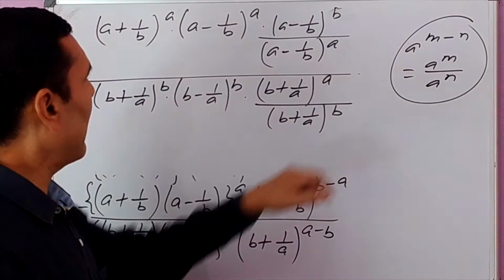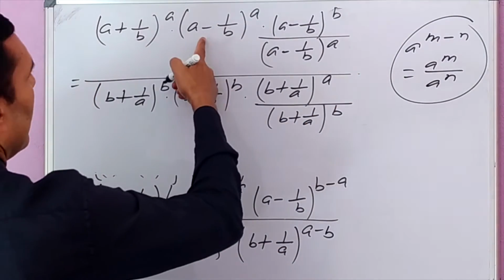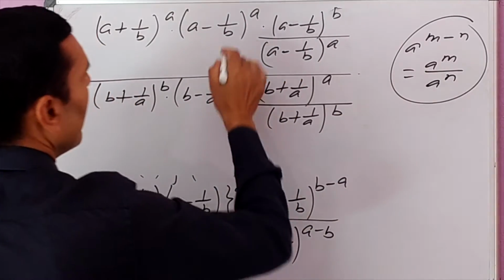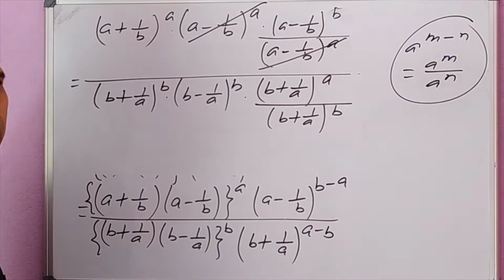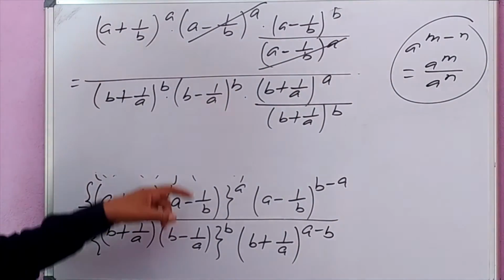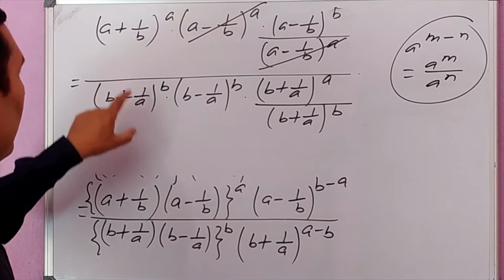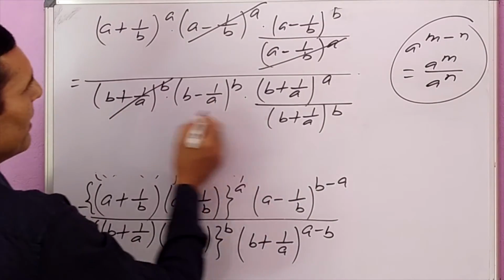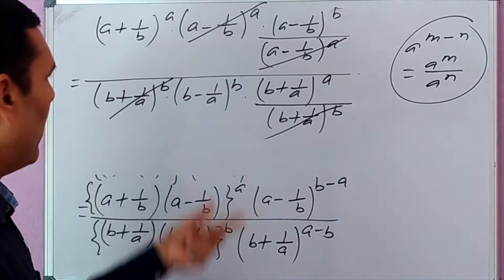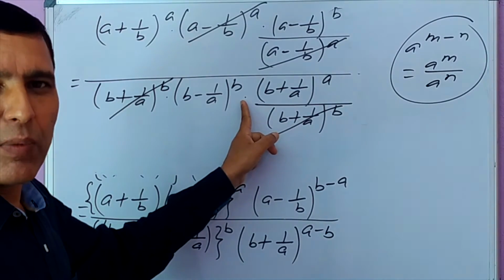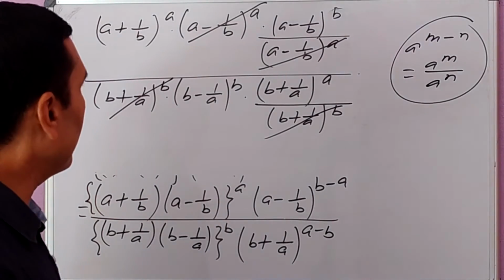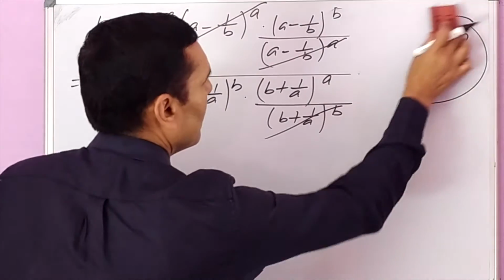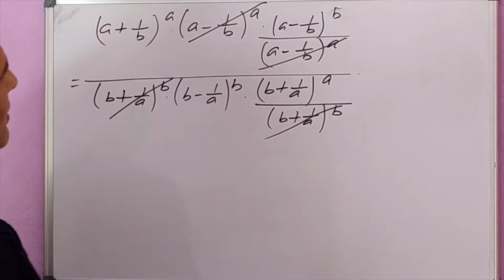If we write like this, you can see here (a minus 1 upon b) to the power a is in the numerator and in the denominator, so they cancel each other. Similarly, (b plus 1 upon a) to the power b is in the numerator and in the denominator. Here it is multiplication form, no plus minus sign, so we can cancel the numerator and denominator when they are the same. In this way, one factor is cancelled here.